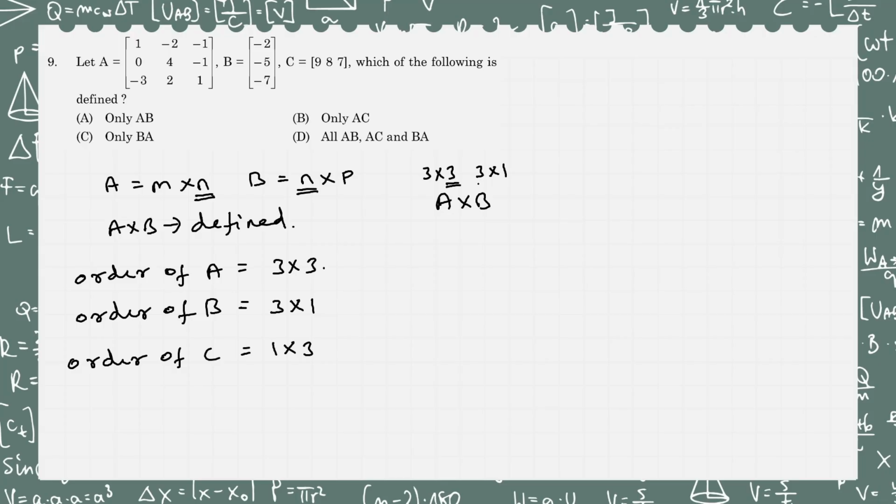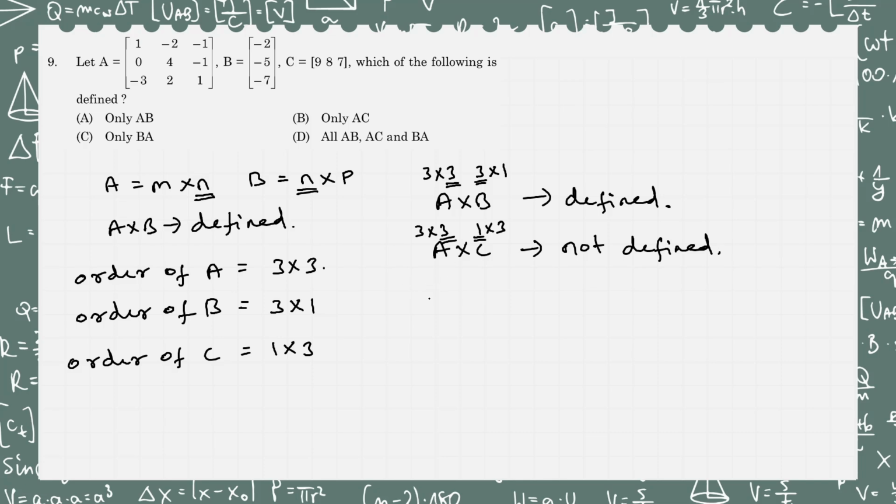See, the number of columns in the first matrix and number of rows in the second matrix both are equal to each other. So A cross B is defined. No doubt about that. And let us see AC, A into C. A is 3 by 3 and C is 1 by 3. Here number of columns in A and the number of rows in C are both not matching. So A cross C is not defined.